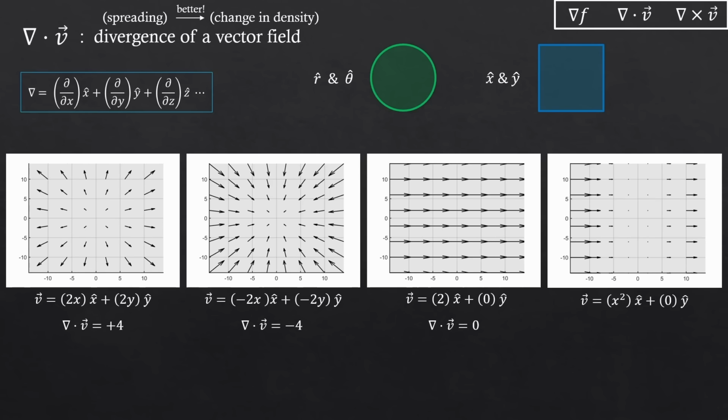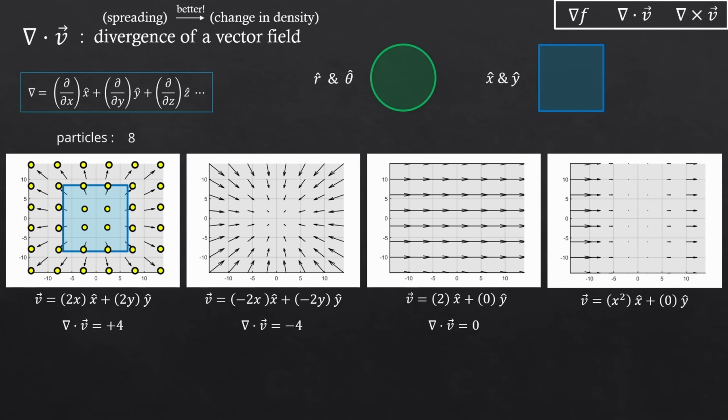Let's pick a random region in the first graph. Why don't we just start from the center, okay? Now, imagine we have a fluid of particles. It seems there are 16 particles inside the square region at the moment. Now the vectors will make the particles move. Watch. What happened to the density in that region? The density has decreased.